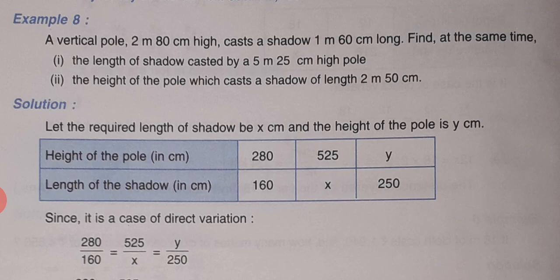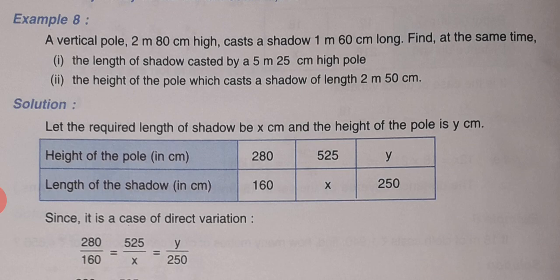Next we have to construct the table. In the first row, give the heading height of the pole in centimeter. Remember, you have to convert the meters into centimeters, and the length of the shadow you have to convert also into centimeters. So you all know the heights, just write them in the first row and the length of shadow in the second row.